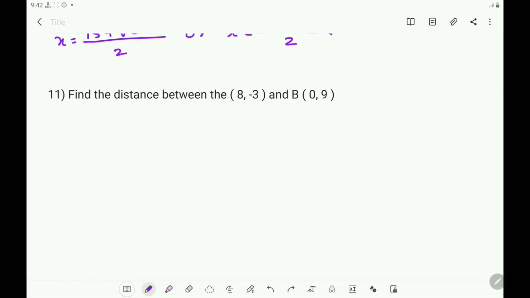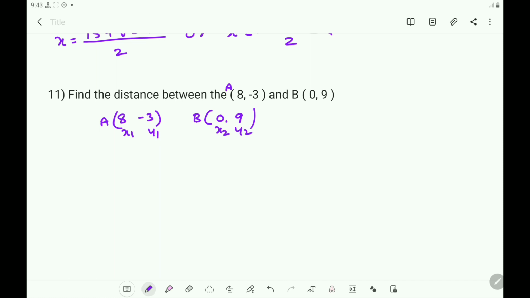So you take the points here, 8, minus 3, consider this is a point P, and again the second point Q. Let us consider these two are A and B. A is 8, minus 3, B is 0, 4. So these are x1, y1 and these are x2, y2.